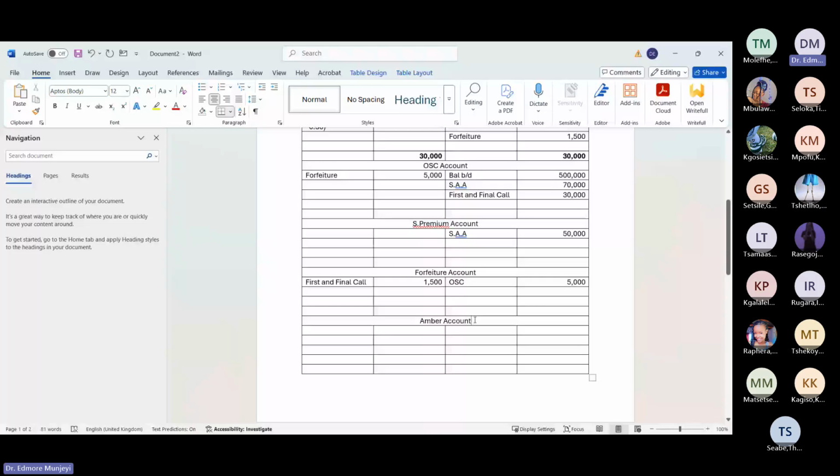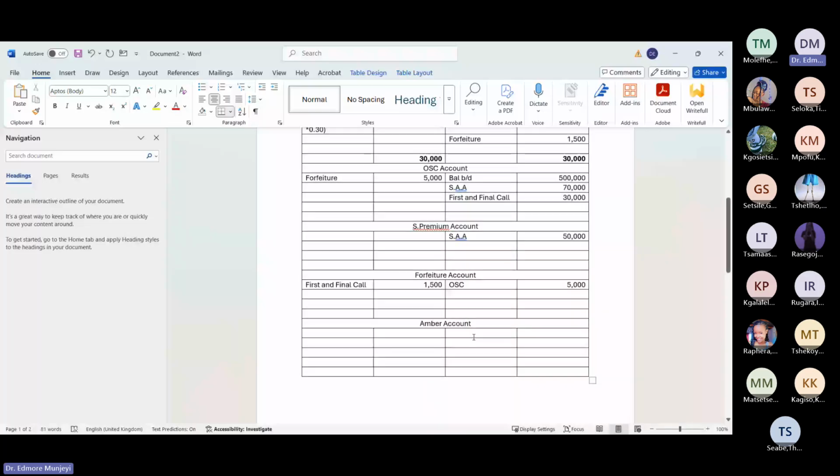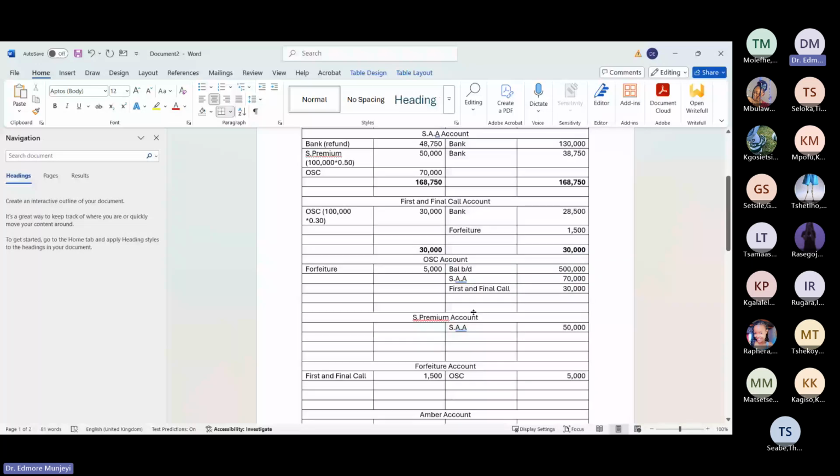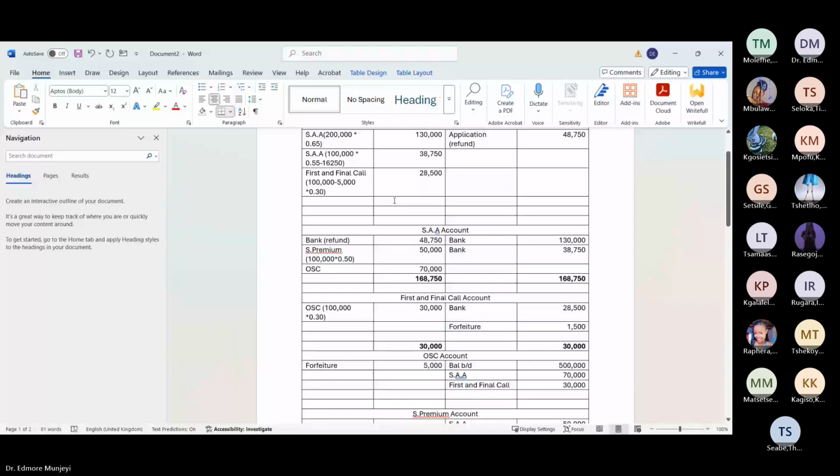It was 5,000 shares at a rate of 0.8. That means 5,000 times 0.8 is going to give us 4,000. It is the money that we are receiving from Ember. So we are going to debit it in the bank account.